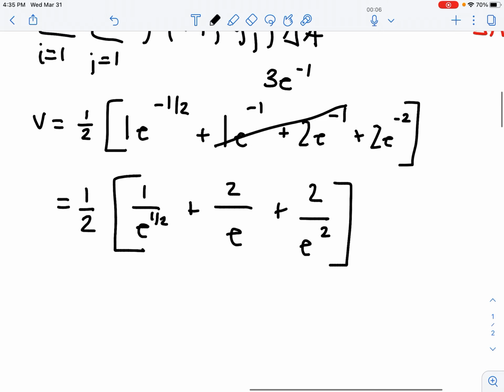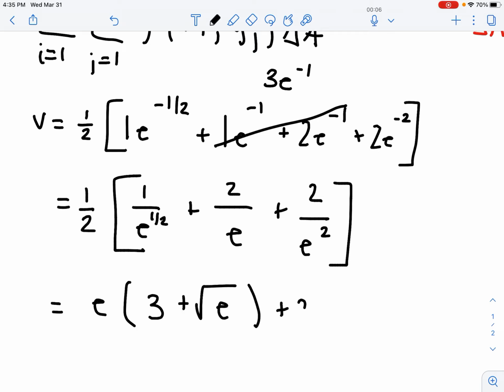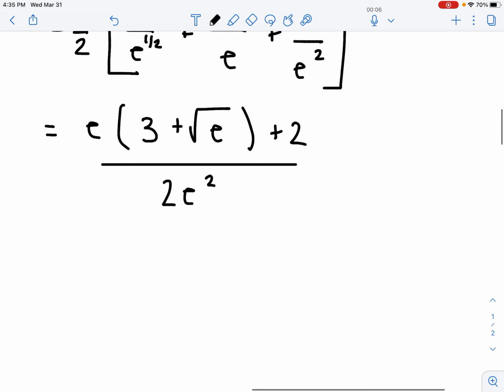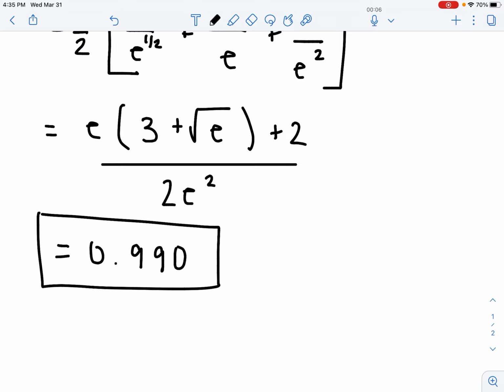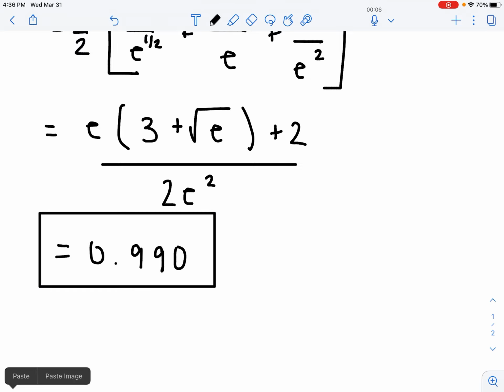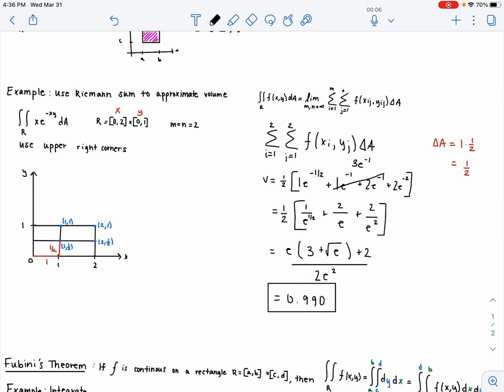And then finding the lowest common denominator, we get (e^3 plus square root of e plus 2) all over 2e squared. And plugging that into the calculator, we get 0.990. So that is how to solve an equation using a Riemann sum.